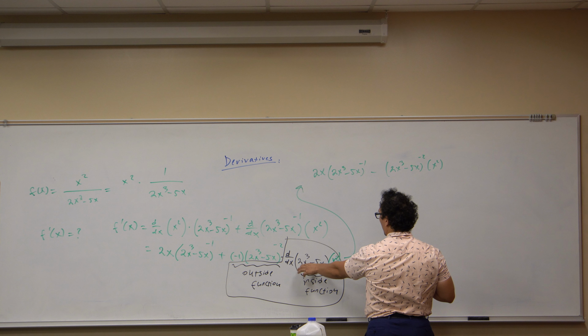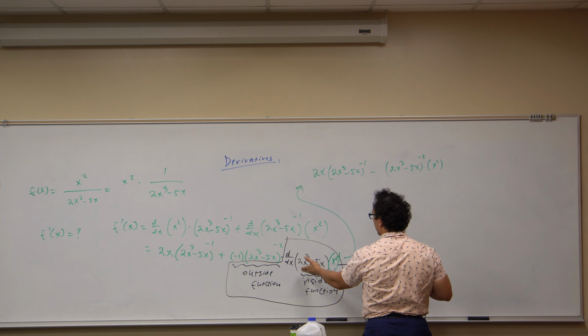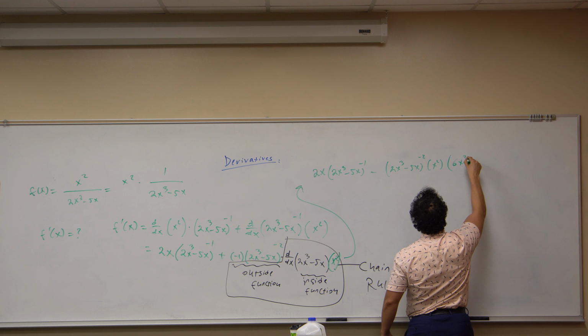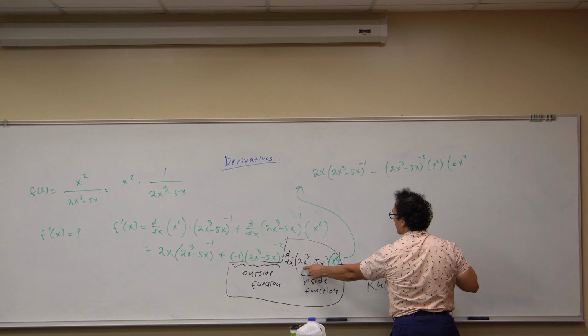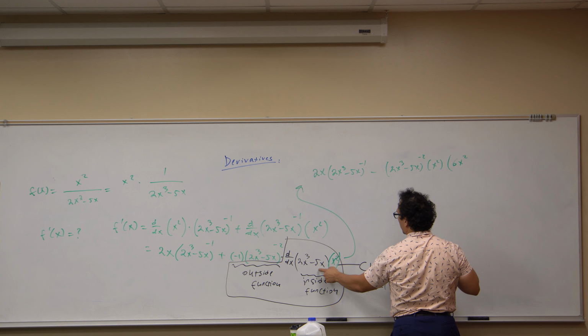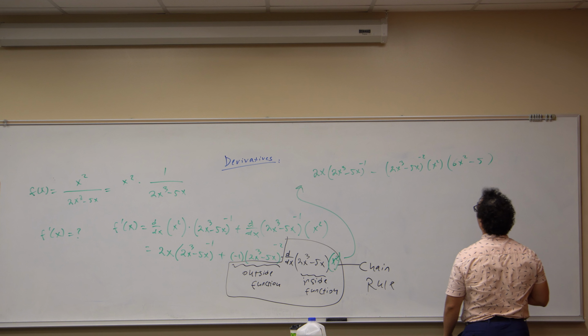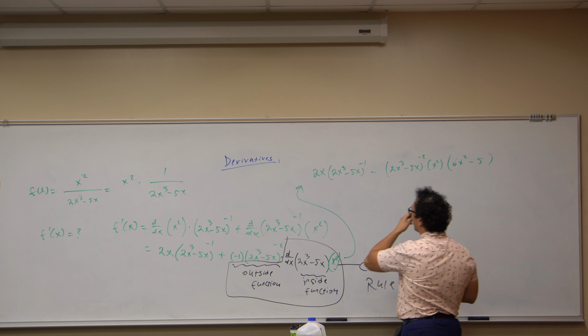So now we have to send this derivative into this piece. So when d dx operates on 2x cubed over here, we get 6x squared for the derivative of this piece. The derivative of this piece is just going to be minus 5. Okay? And now we just regroup the terms.